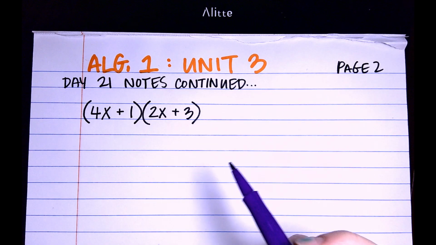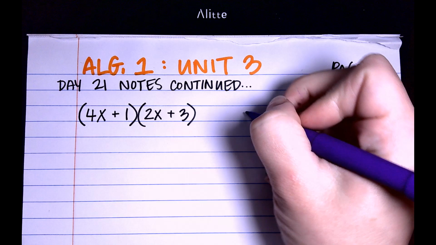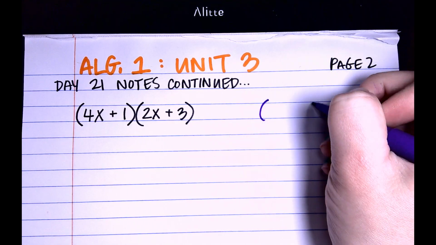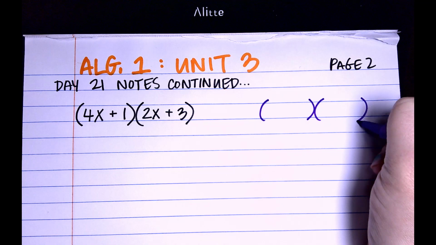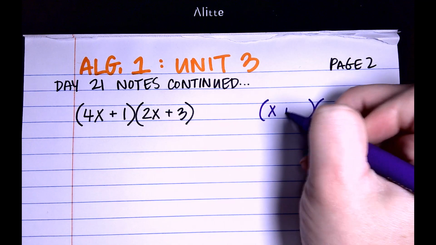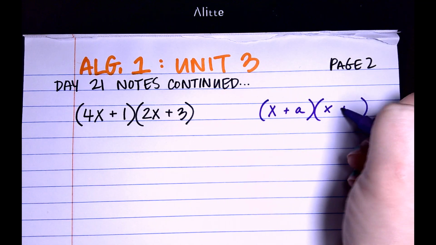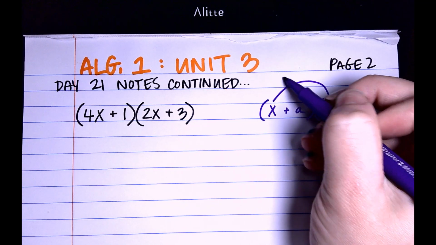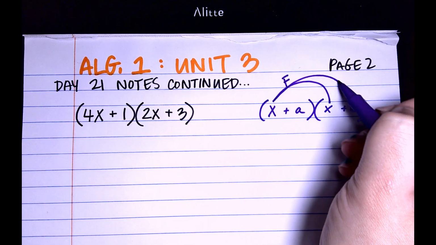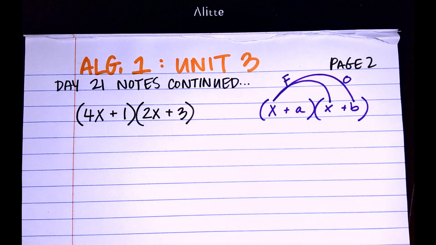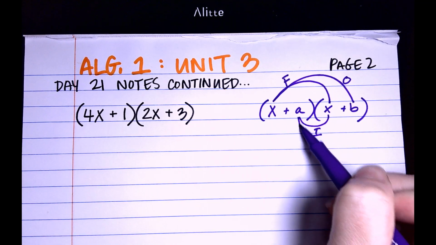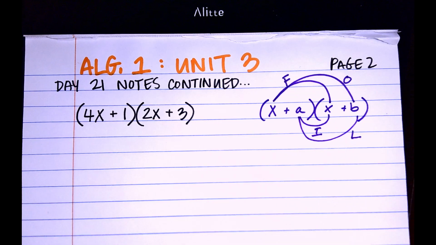Okay, so we're going to use the FOIL method, meaning, here, let me see if I can give like a visual: x plus a, x plus b. Here's the first. Here's the outer. Here's the inner. I don't know if this visual is helpful or way more confusing. Here's the last.